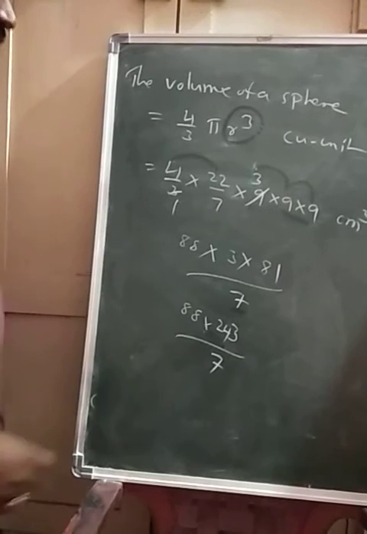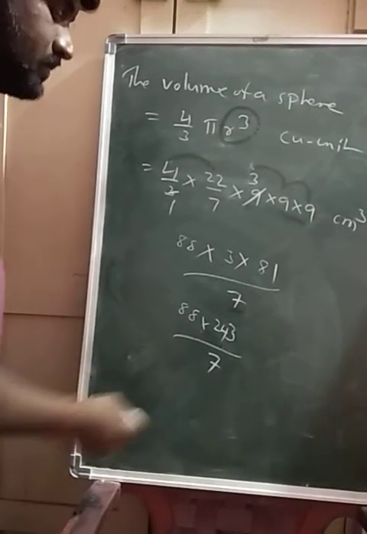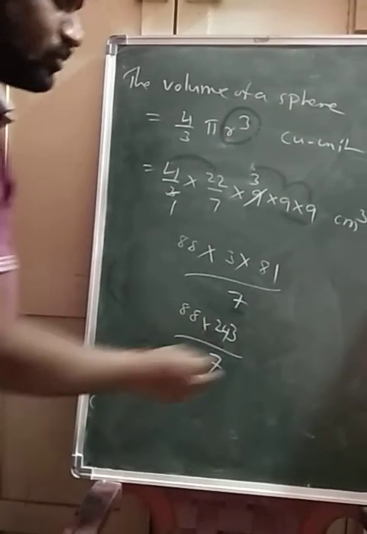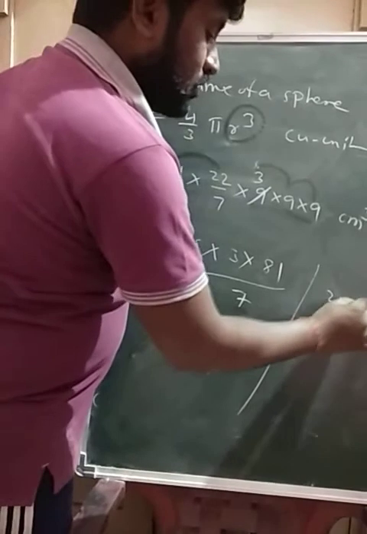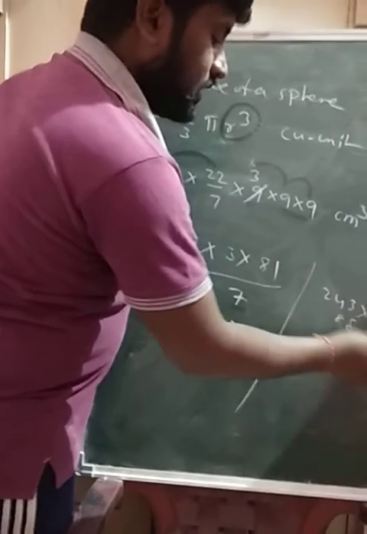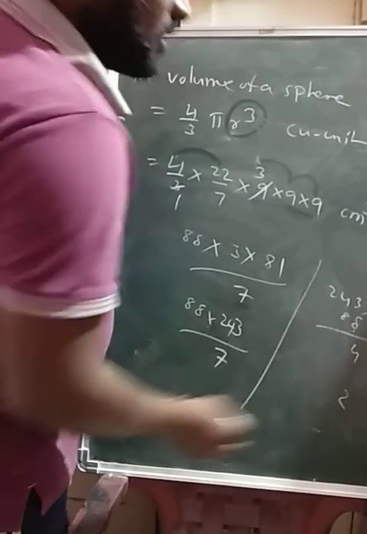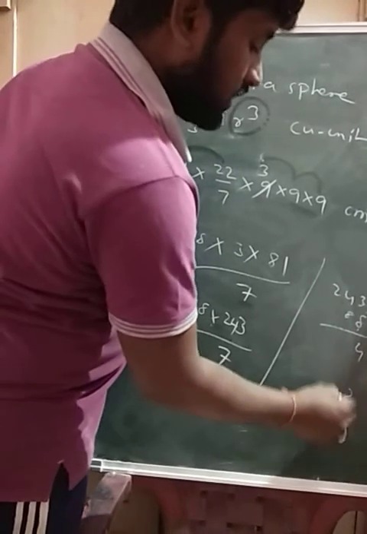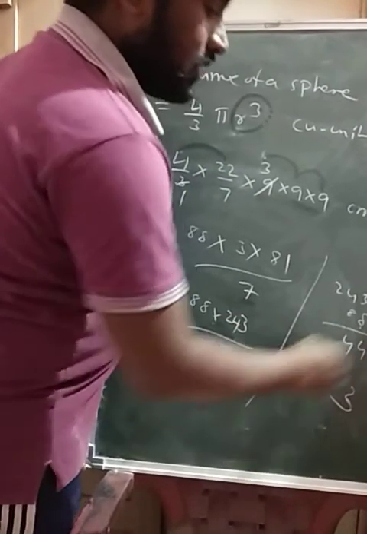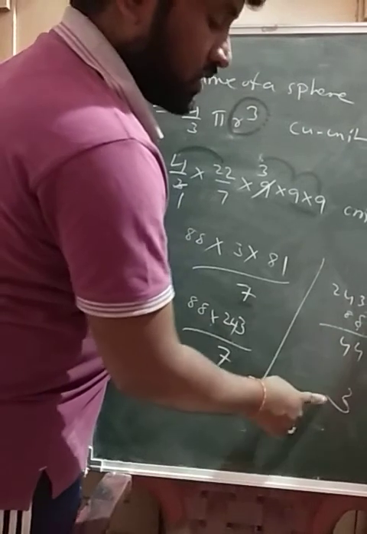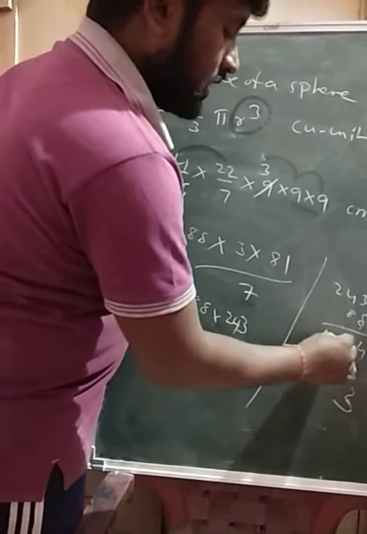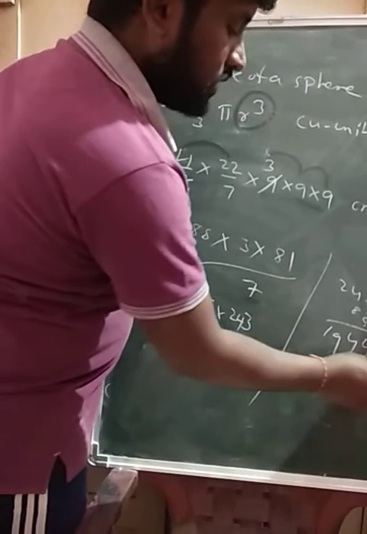Okay. Now 88 into 243. 243 into 88. 8 3s are 24. 8 4s are 32 plus 2, that is 34. 8 2s are 16 plus 3, that is 19. Again we get that only.